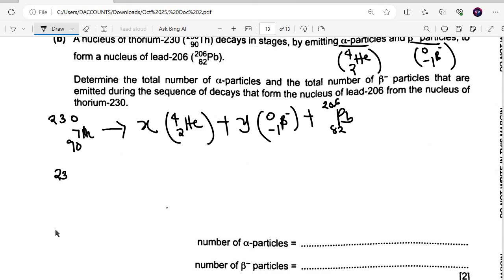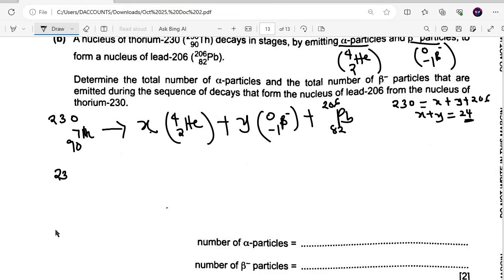We see what I'm trying to do. The upper part, the reactant, is 230. The product is X plus Y plus 206. So from here, X plus Y from 230 gives me 24, which means whatever is on top must give me 24.